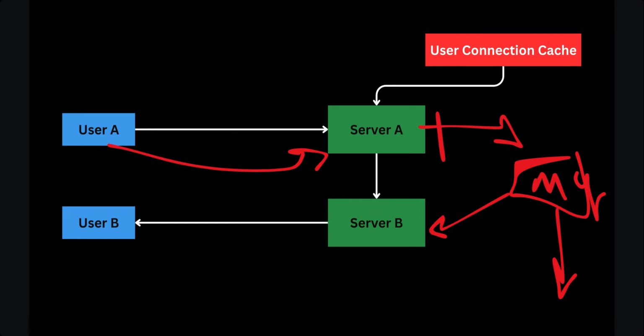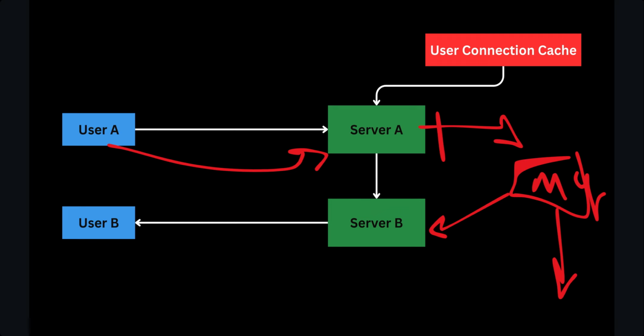Right now we need to understand how the delivered status actually works. Once user B receives the message, it sends an acknowledgement to server B. Basically, server B sends a delivery acknowledgement to server A, and server A sends the message status delivered to the message queue for permanent storage, and then relays this update to user A's app, which reflects the message as delivered.